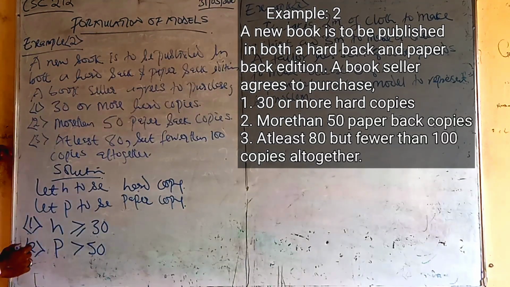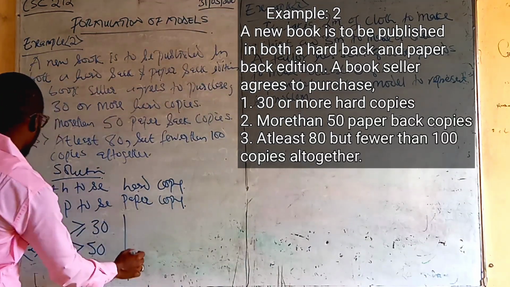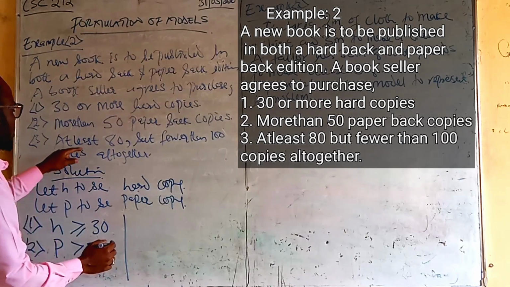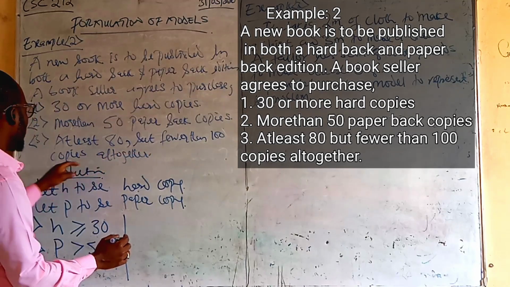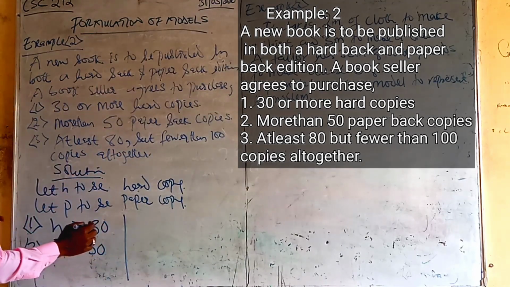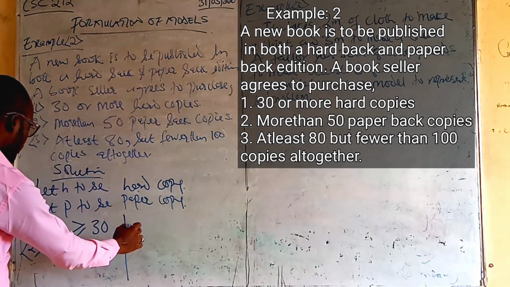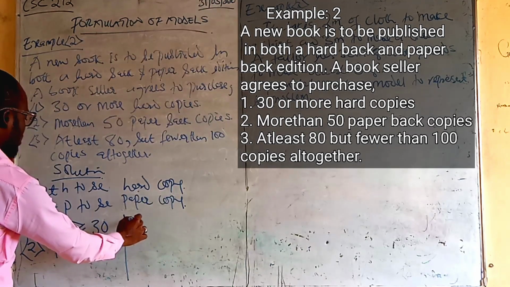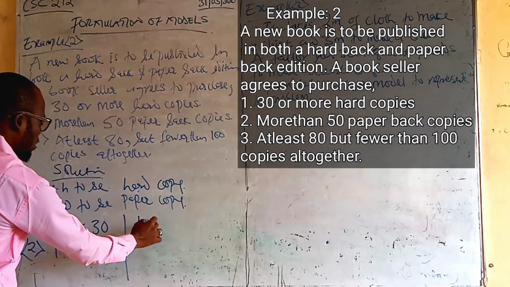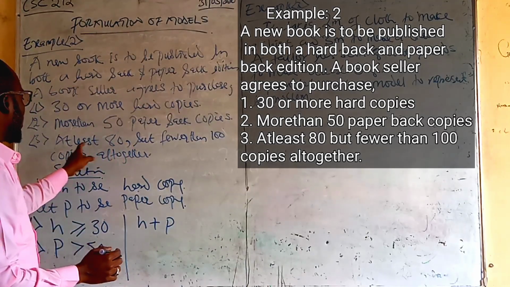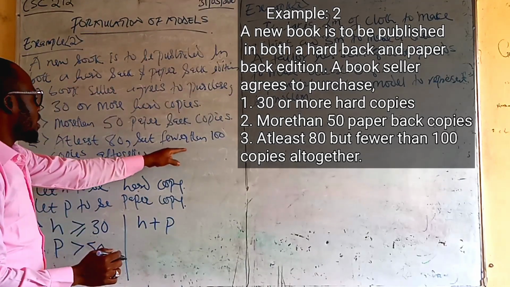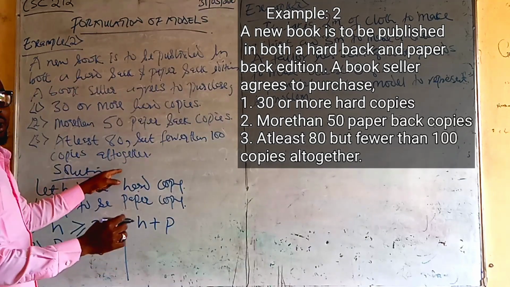Then the number three scenario, which is: at least 80 but fewer than 100 copies altogether. So here, number three, that is H plus P, at least 80 but fewer than 100 copies altogether.